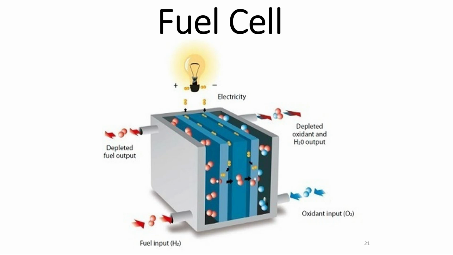Now, in this lecture, we will determine the maximum thermodynamic efficiency of a fuel cell. So, first, to understand the maximum thermodynamic efficiency of the fuel cell, we will discuss the Gibbs function.